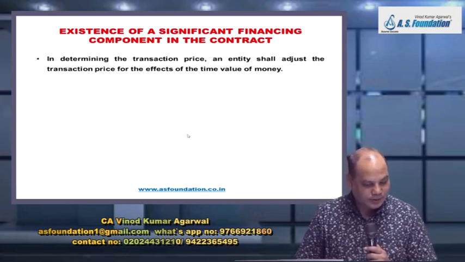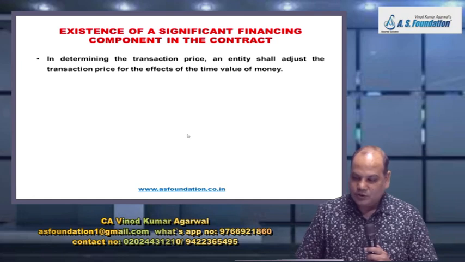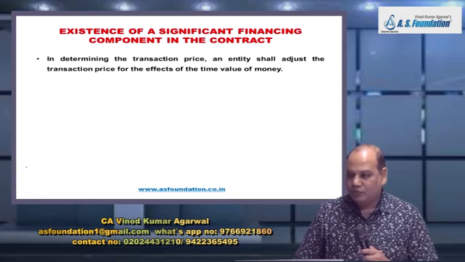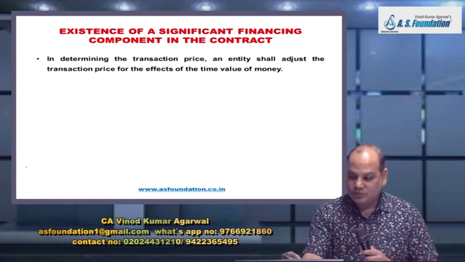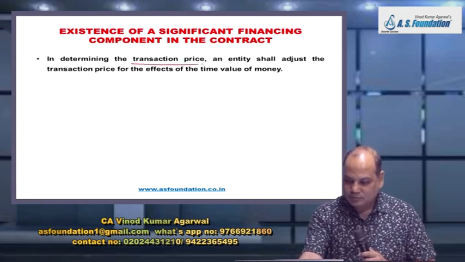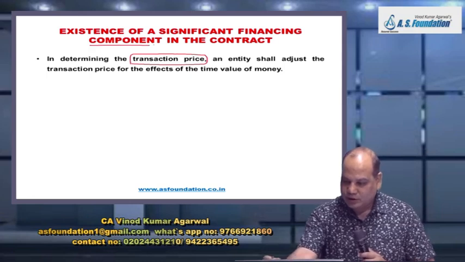Now, dear student, existence of a significant financing component in the contract. This is also very important for exam purposes, that sometimes the transaction price may include a financing component.